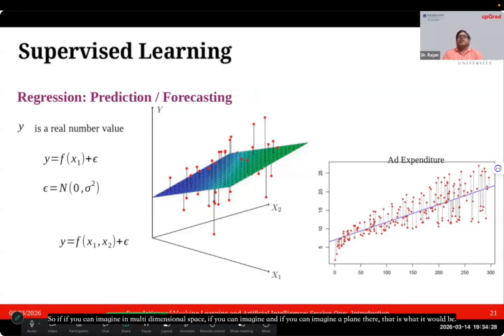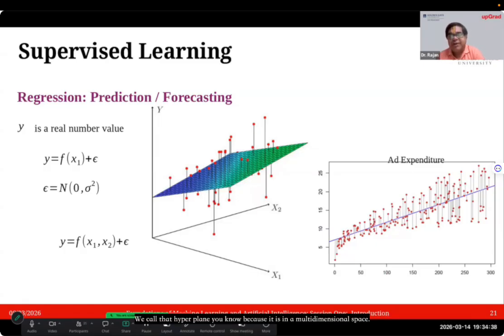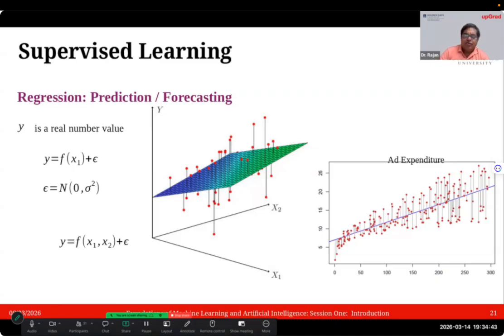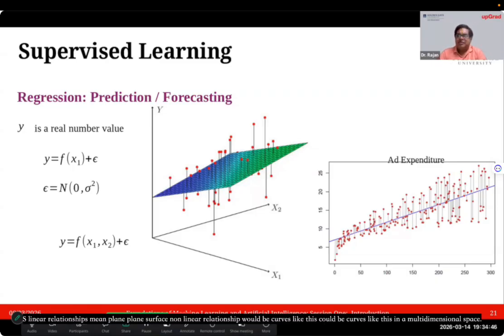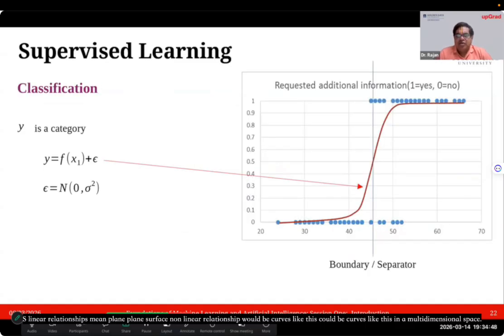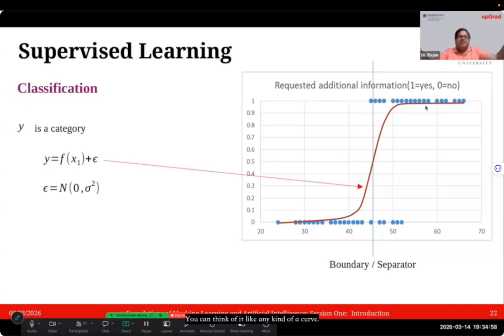If you can imagine a plane in multi-dimensional space, we call that a hyperplane. So linear relationships mean a plane surface. A non-linear relationship would be curves like this. In a multi-dimensional space, you can think of it as any kind of curve.